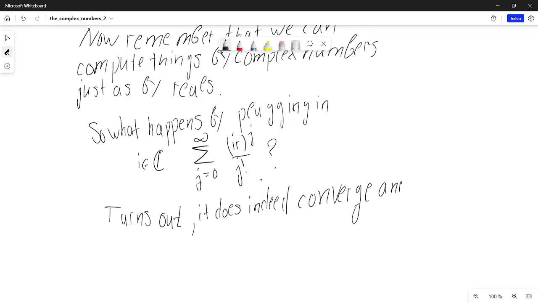And furthermore, one gets e to the power i x, we just write it the same, right?